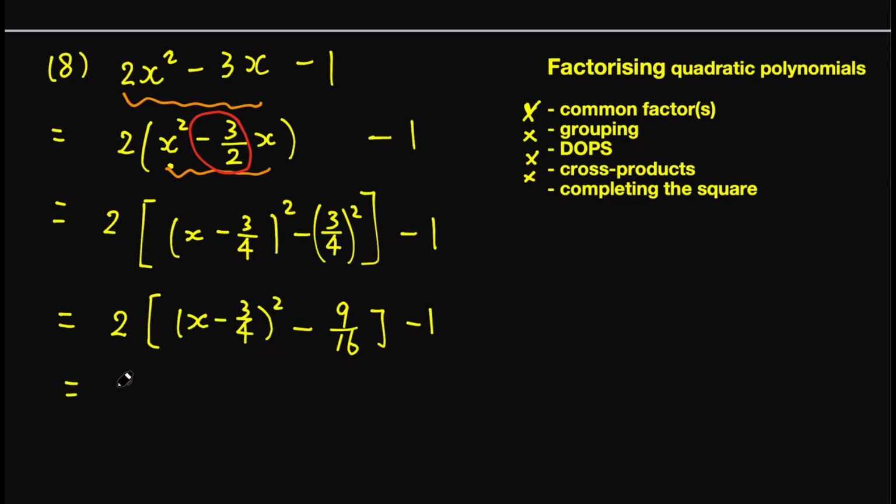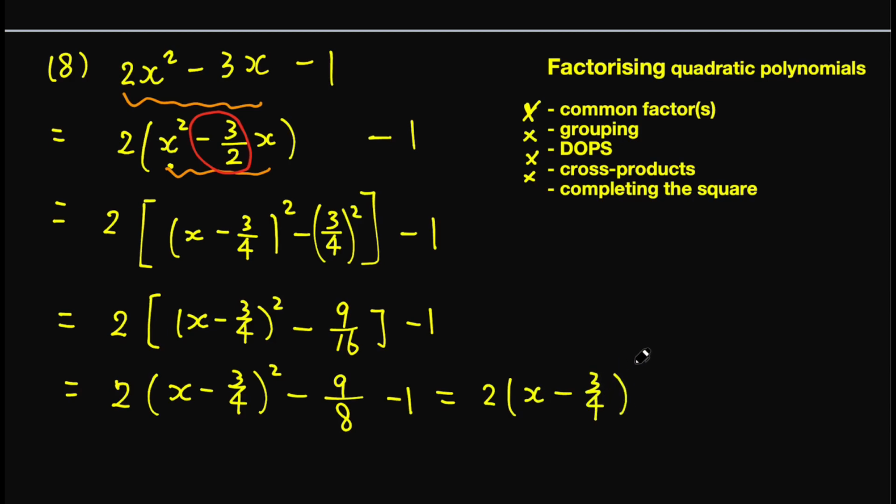Then expand the brackets first. Now we will have 2, then x minus 3 out of 4 all squared, then minus 9 out of 8, and minus 1. Then this expression will become minus 17 out of 8.